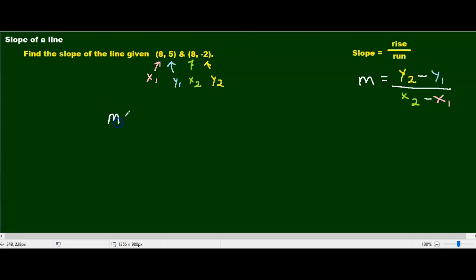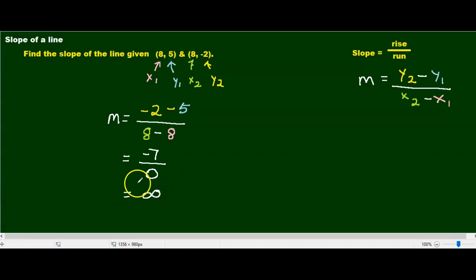So we have my slope, which is m, is y2, which is -2, minus my y1, which in this case is 5, over x2, which is 8, minus x1, which also happens to be 8. Now that gives me -2 minus 5 gives me -7/0.